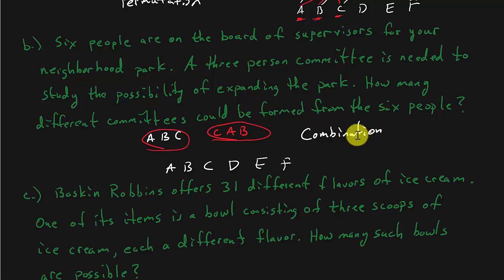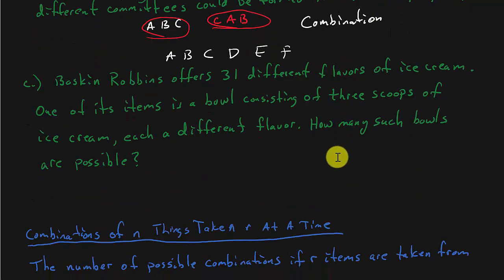All right, so let's look at the next one. It says Baskin Robbins offers 31 different flavors of ice cream. One of its items is a bowl consisting of 3 scoops of ice cream, each a different flavor. How many such bowls are possible?